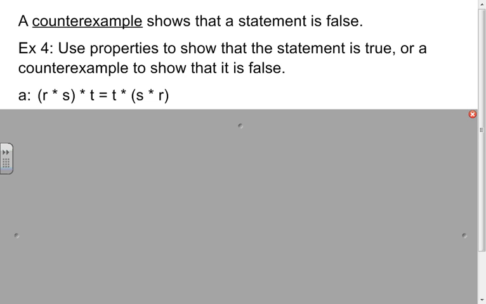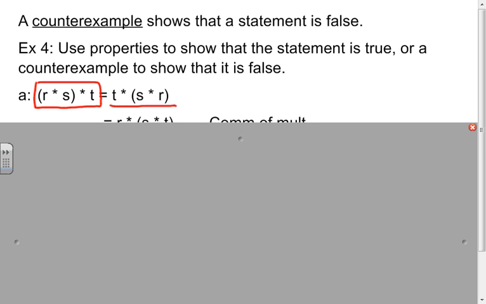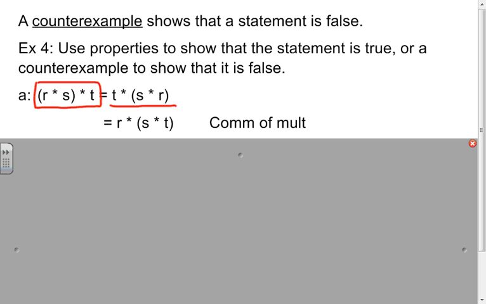Letter A, we're supposed to find out if what's put there is true or if it's false. So I'm going to try to use properties to rewrite this. Okay? So I'm going to leave the first part alone, and I'm going to try to change the second part so it ends up looking like the first part. So can I turn the right side so it looks like the left side? First thing I can do, I can use the commutative property of multiplication to change the order of things.